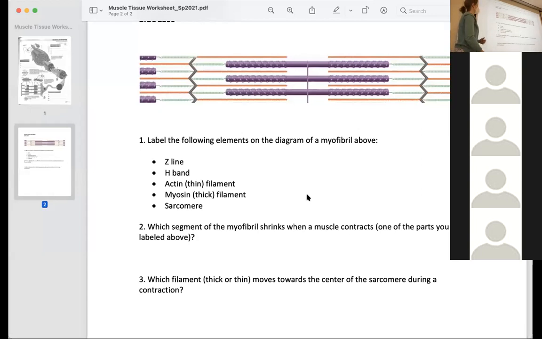Okay, so that makes this entire thing a sarcomere. Everything between the Z discs is a sarcomere. So all of this is one sarcomere. Any questions about that? Like the different pieces of a sarcomere?